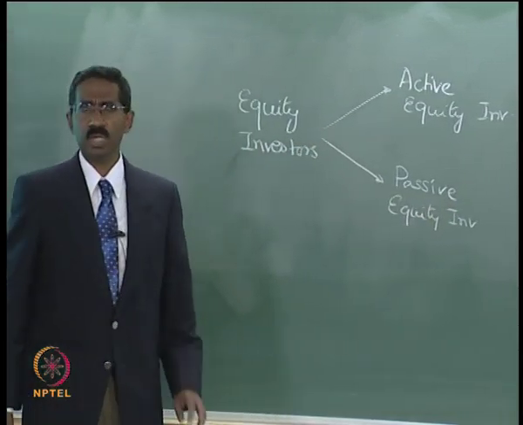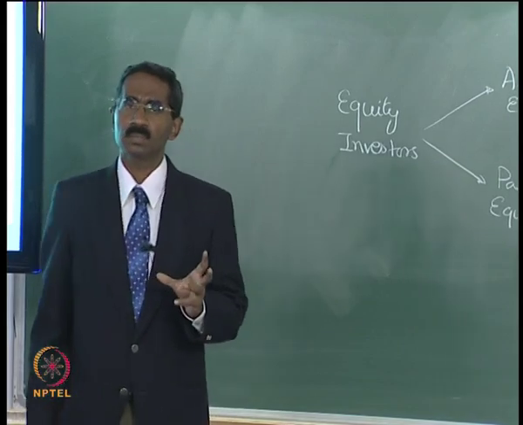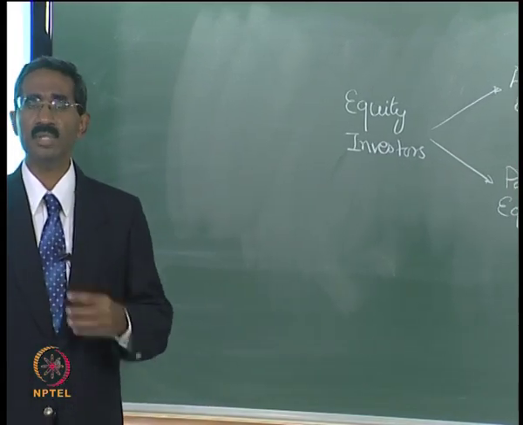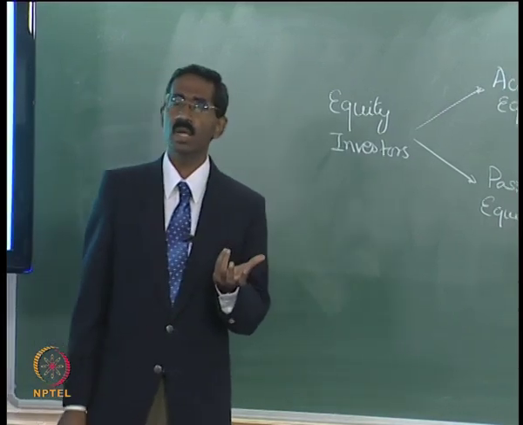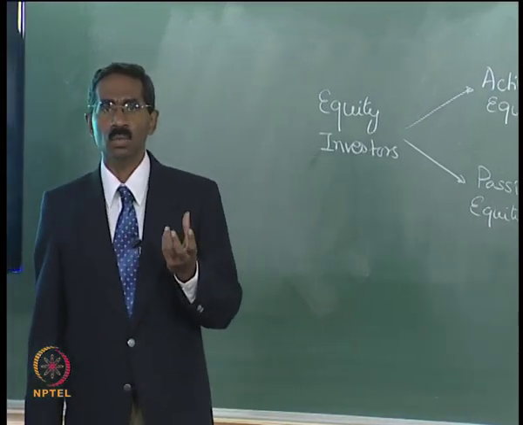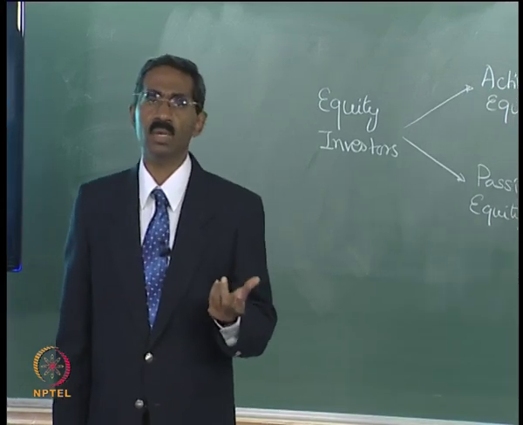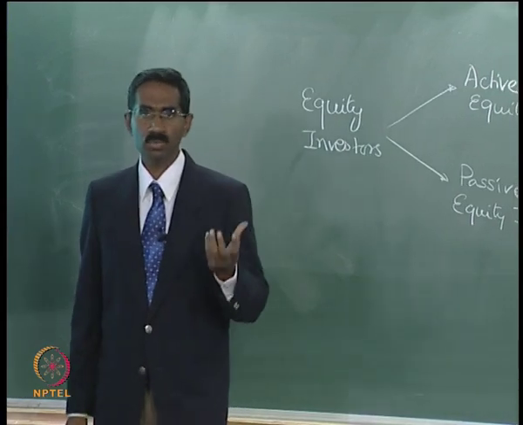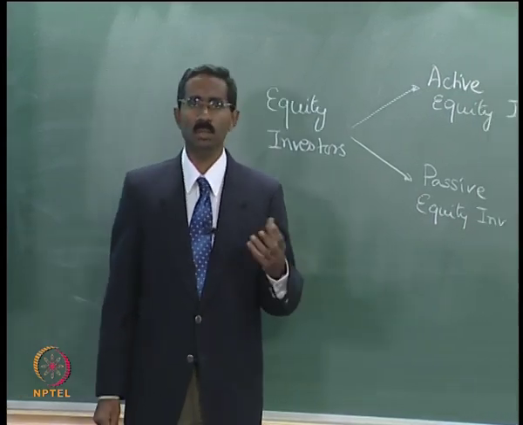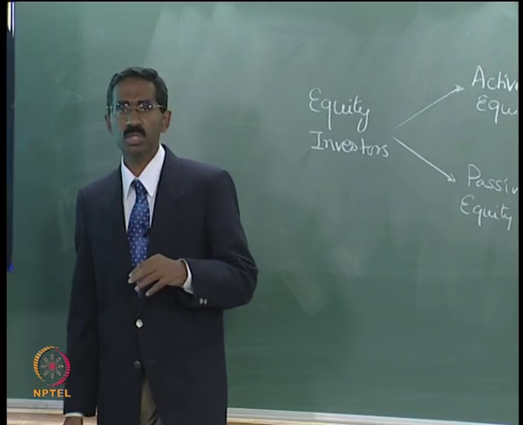Active equity investors are those who take major decisions with respect to a particular company. For example, in the case of a power project, what should be the capacity of the plant, what kind of technology should be used in setting up the plant, what kind of fuel should be used, and what type of equipment should be used.